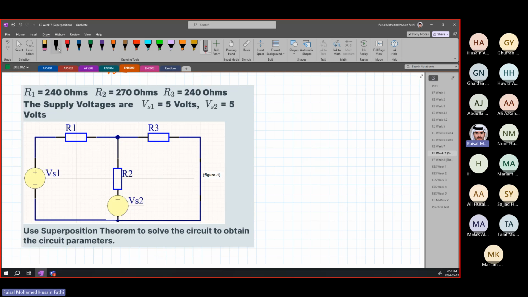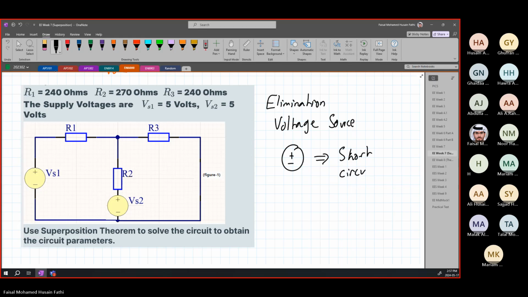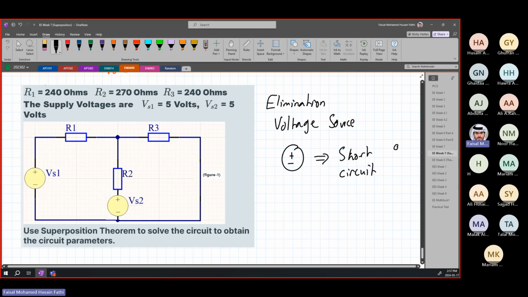Just keep in mind that when you're finding the superposition and eliminating a voltage source, it becomes a short circuit. If we have the voltage source here, we just put a line between the two nodes where it was connected.